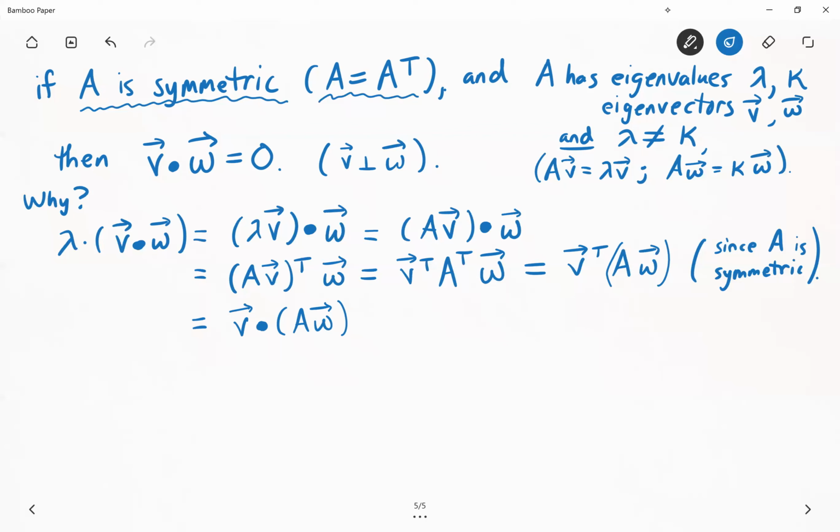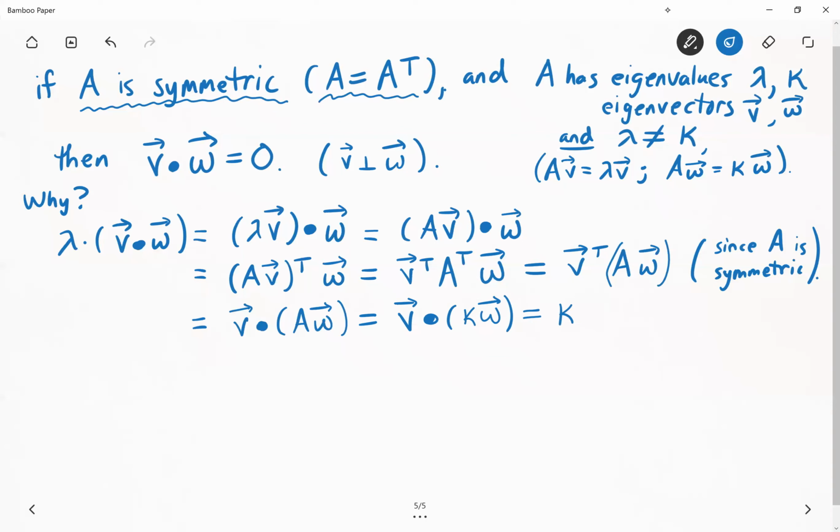Now I'm going to again use the fact that I have eigenvectors and eigenvalues here. A times W, I know I can write that as kappa times W. So this becomes V dot kappa times W. But again, because of the way dot products work, I can take that constant kappa and factor it out to the front.